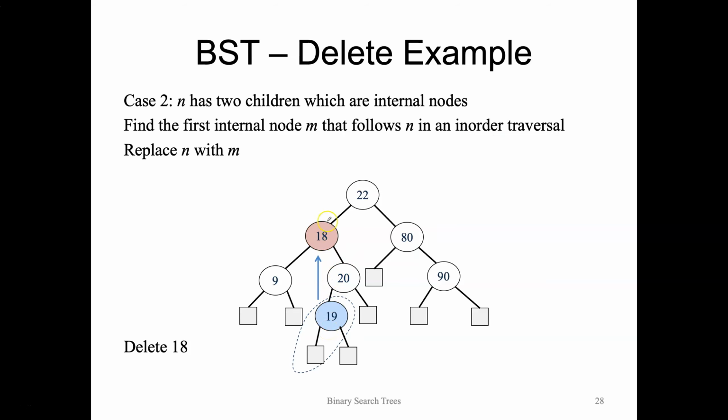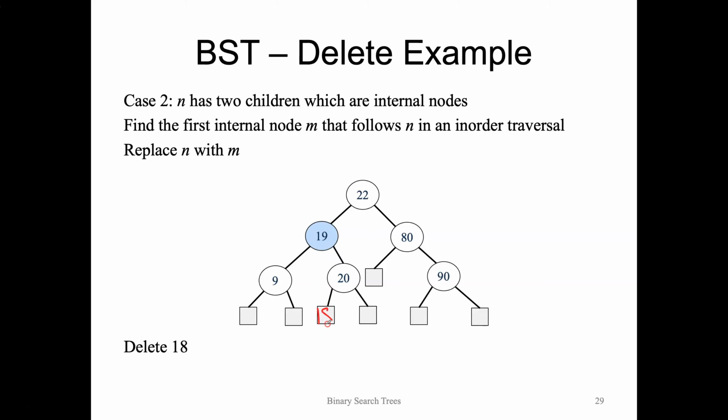And we're going to take whatever we have stored at the node we want to remove and swap it with whatever value we have in the next internal node that comes in an in-order traversal. So we're going to swap the values 18 and 19.